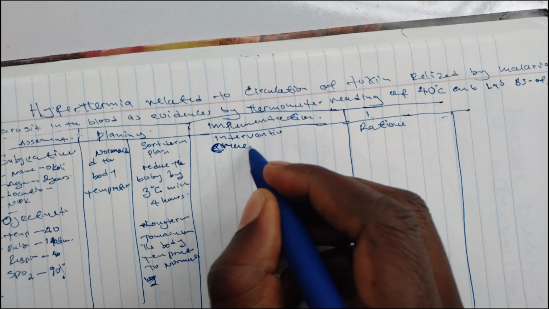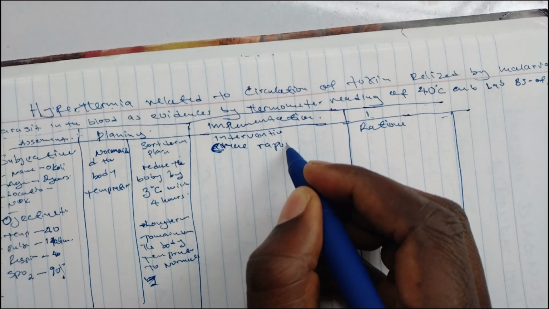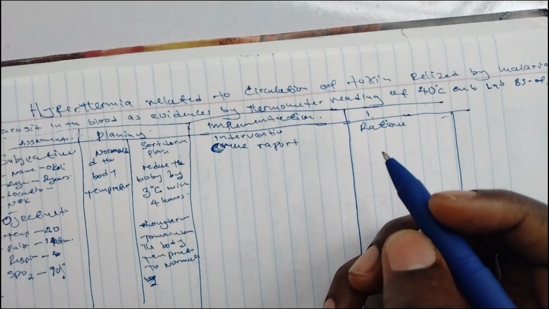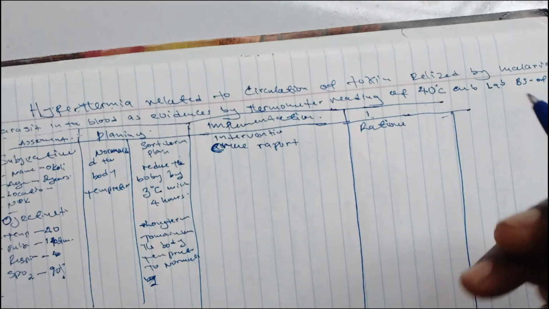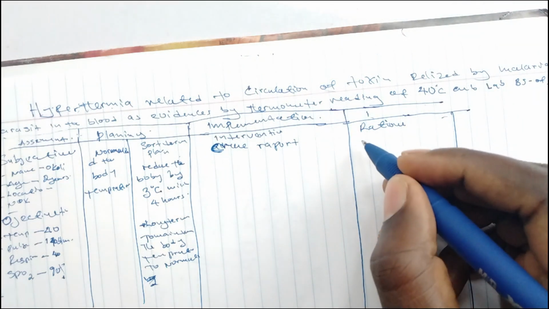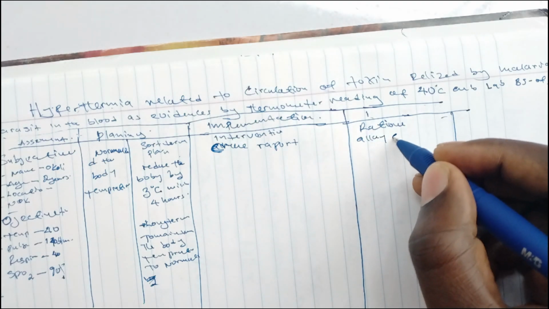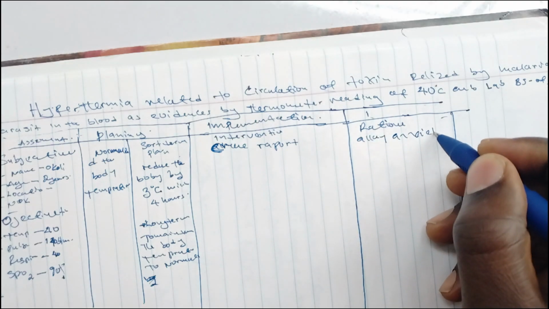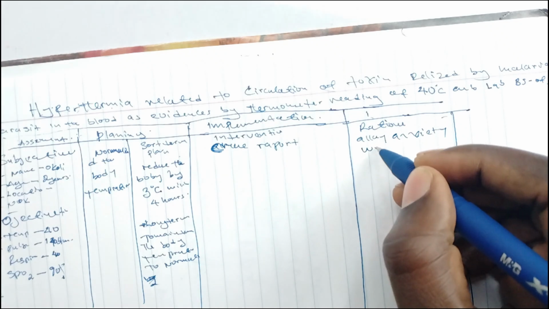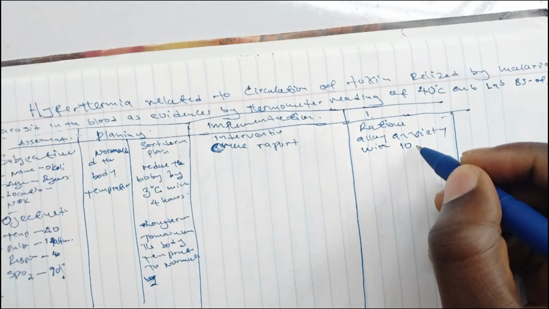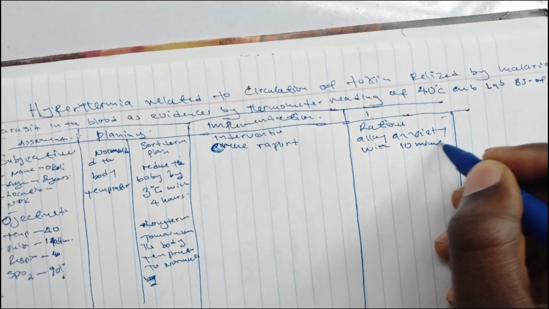Then we come to implementation. Create rapport, the rationale is to allay anxiety within 10 minutes.